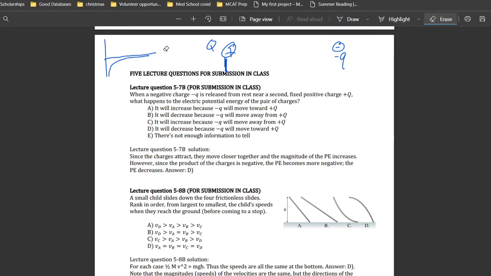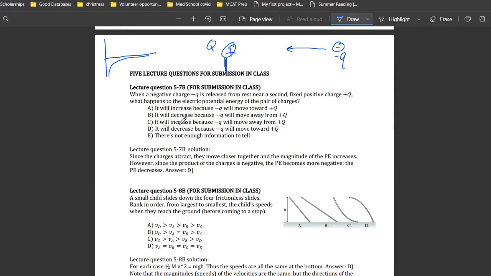So I'm going to erase that arrow there. We're saying, one, what is happening to the distance between these two charges, and then two, what is happening to the electric potential energy of these two charges. So we know that opposite charges attract, so they'd be getting closer together.